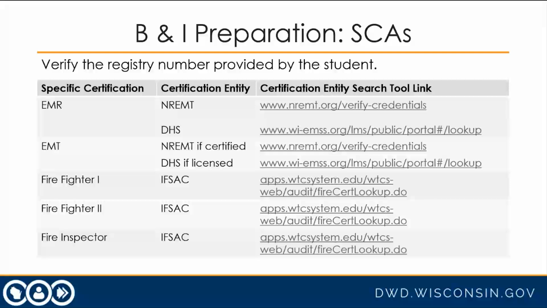Remember, use the registries only to confirm registry numbers reported to you by students, and do not use them to identify students' registry numbers. This slide is provided again in the Reference Slides section.